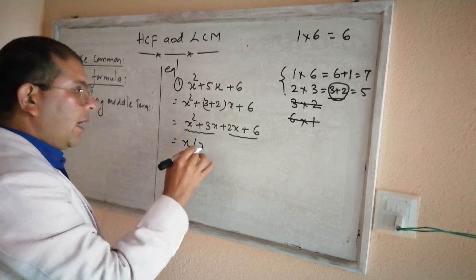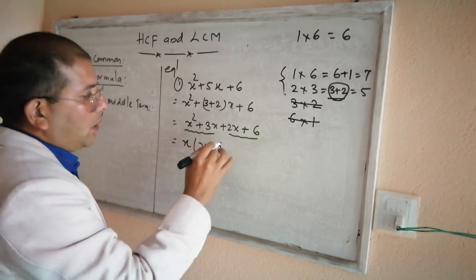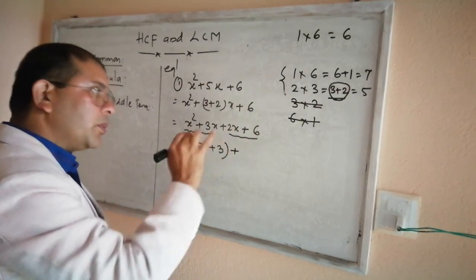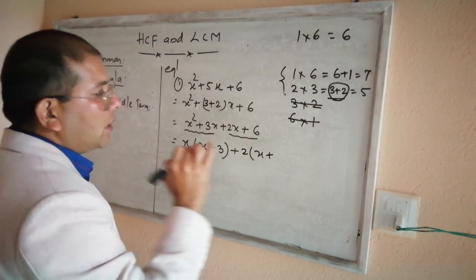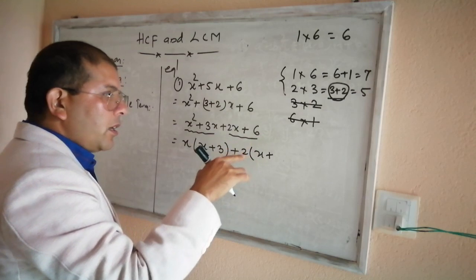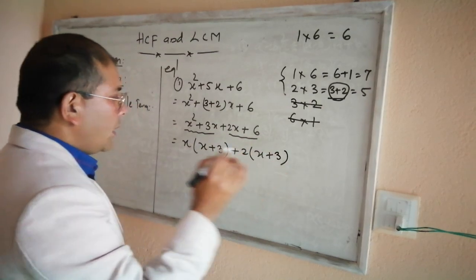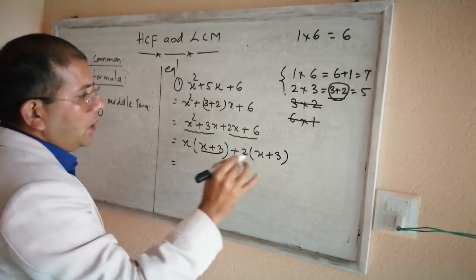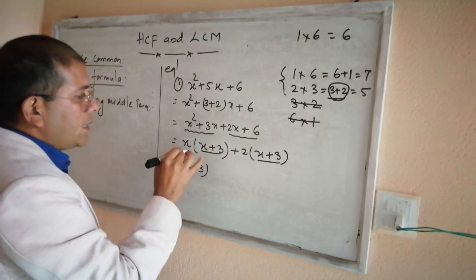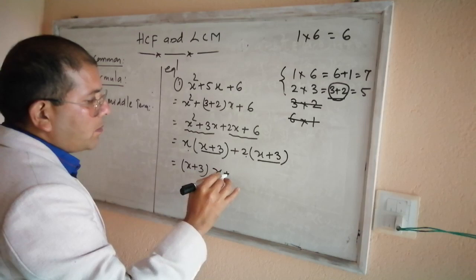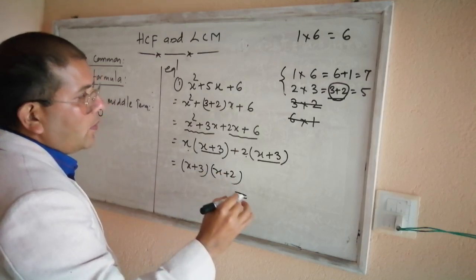Take common x, plus 3 left. From the last two, from 6, if we take common 2, 3 is left. Now x plus 3 is the common term, and the remaining is x plus 2.